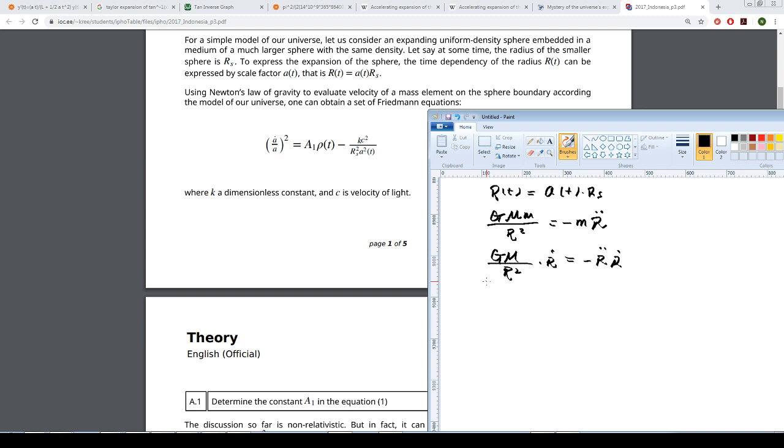and then we integrate. Oh, what is little m here? Little m is the mass element. Okay. So we'll do an integral on dt maybe.